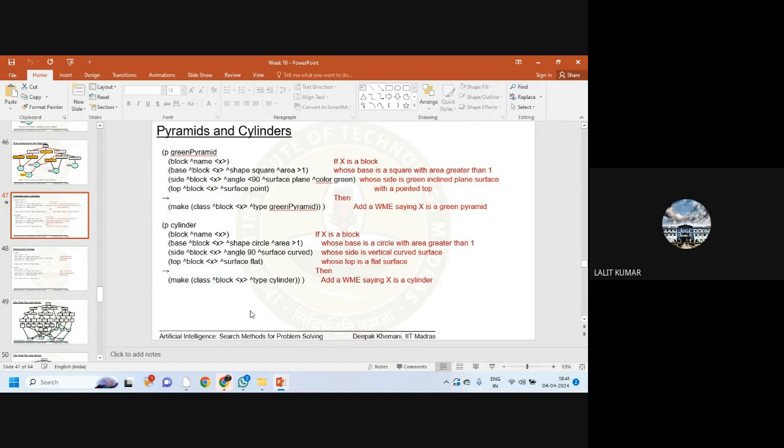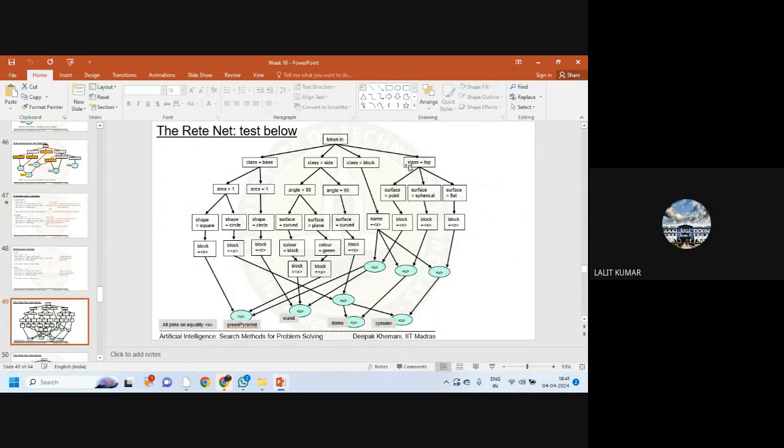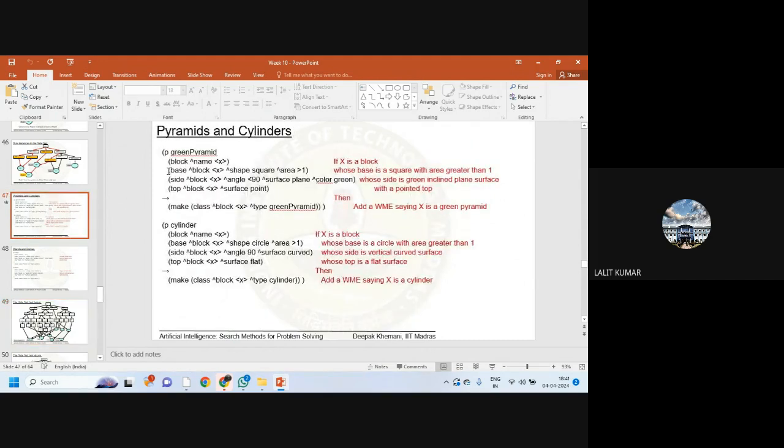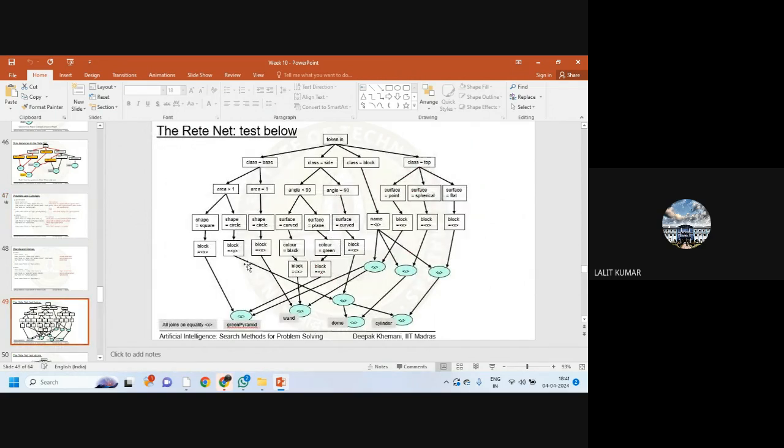So if you see in this slide also, it is making a tree. One branch of the tree will be true for one pattern. Then it goes for the second, third. So this Rete basically makes a tree. And based on these conditions, we keep on getting all these.